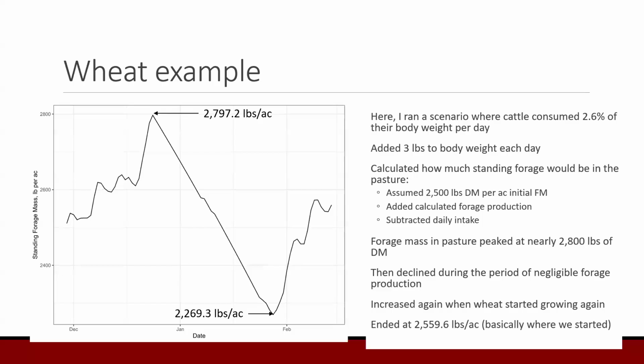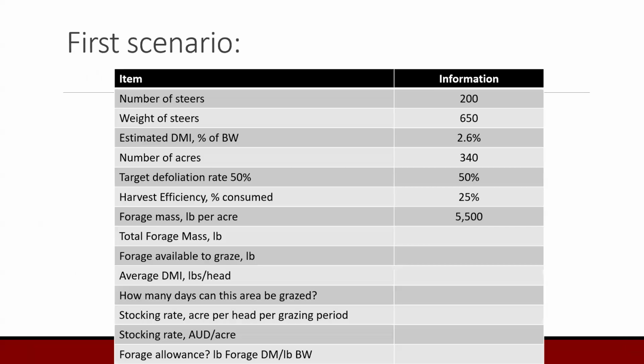We want a stocking rate that will maintain above ground forage mass, but really we need to account for forage that's being produced while the grazing season is going on. Does this make sense? All right, so these are some examples. You will get questions just like this for your exam too.